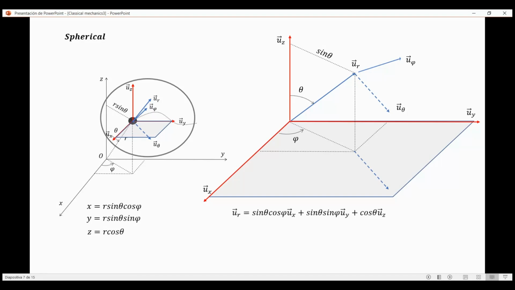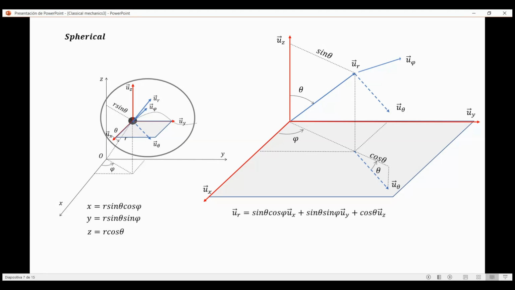This u sub theta, we bring it here. This is the same vector as this, and we are going to project it on the xy plane. We see here that this angle would be the same as this, and we just simply project.